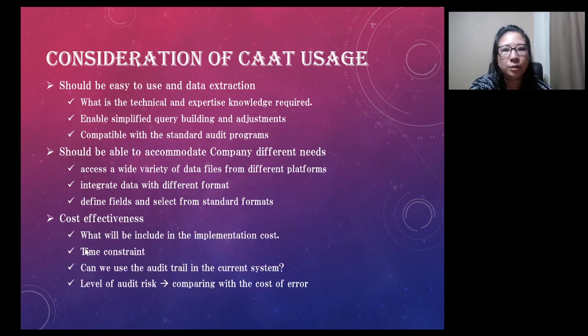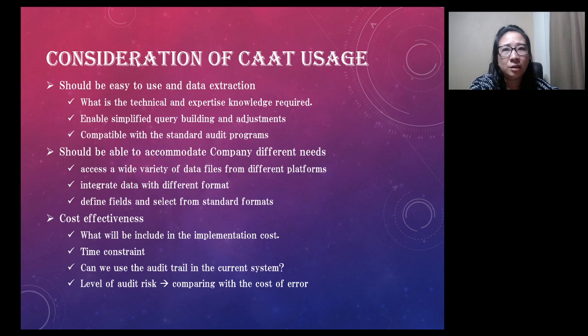And then we need to check again about the cost effectiveness. Remember that we want to use the CAAT because we want to make our work faster and more effective, but we need to know what will be included in the implementation cost of the CAAT.